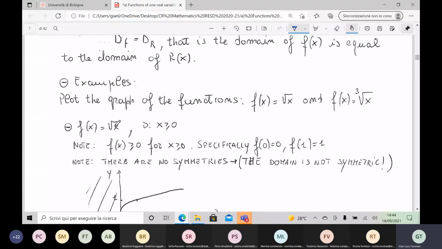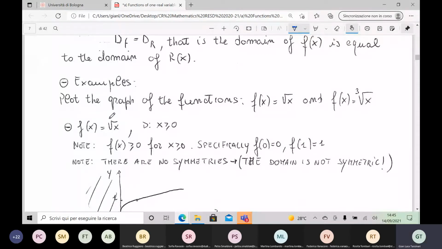No. There are several explanations for why it does not make sense, but the first one I want you to notice is that the domain is not symmetric, and in general, when the domain is not symmetric, there are no symmetries, at least the ones we studied together. So the function is, for sure, neither even nor odd. Which is the sign of the function, guys?